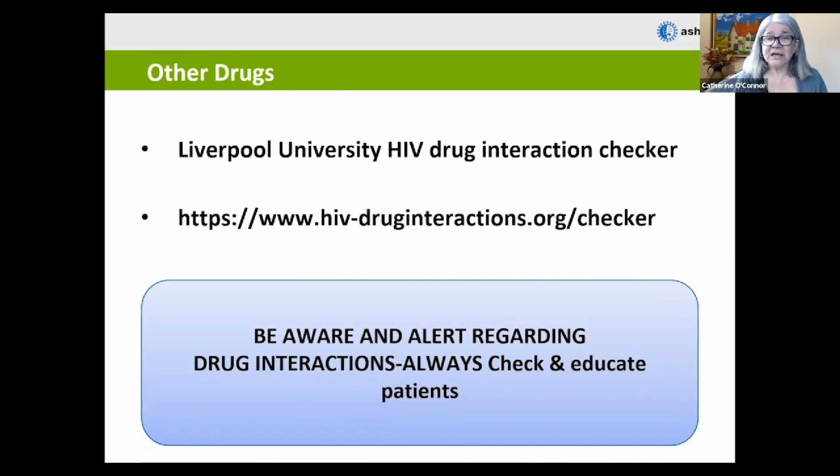Now, there's an HIV drug interaction checker that you need to have a look at. It's the Liverpool University HIV drug interaction checker. All HIV clinicians use this drug interaction checker. It's fantastic.